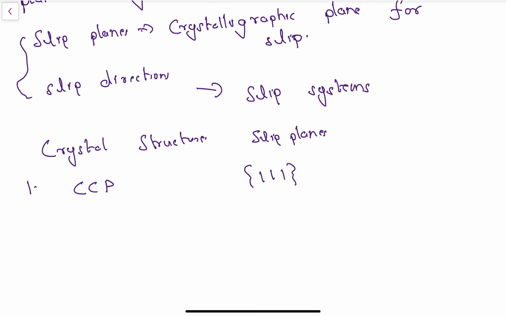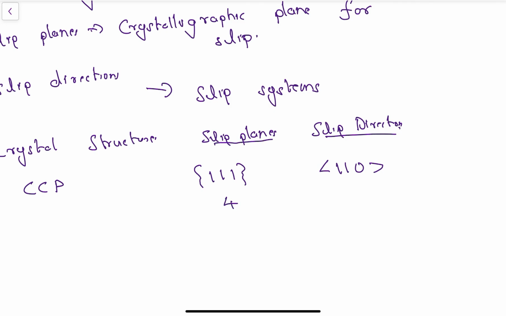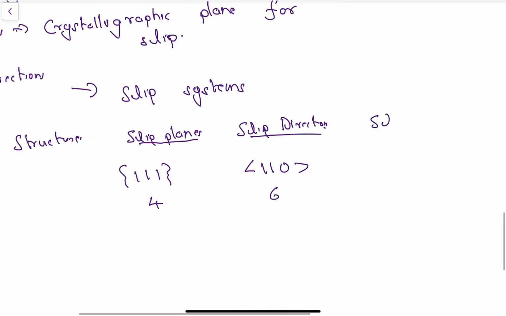This is the family of slip planes, and the slip directions are given by 110. The total number of slip planes is 4, and the number of slip directions is 6. So the slip system is defined as a combination of these slip planes and slip directions.